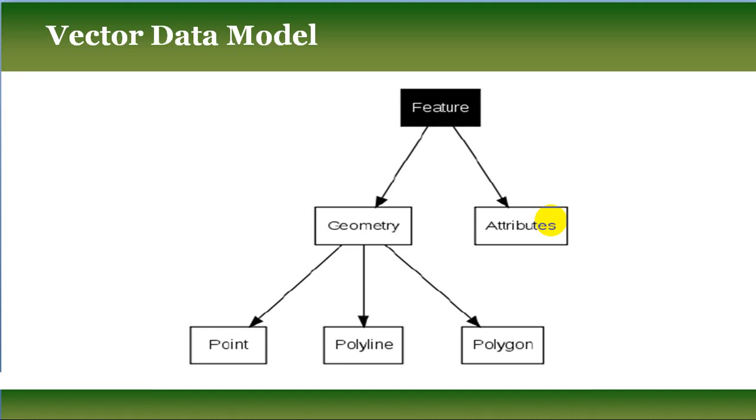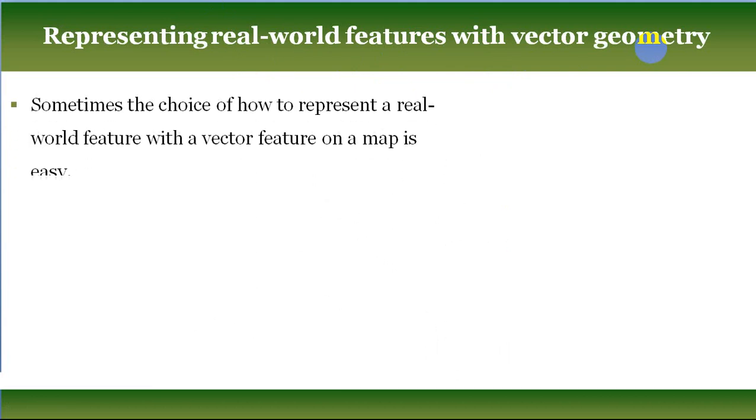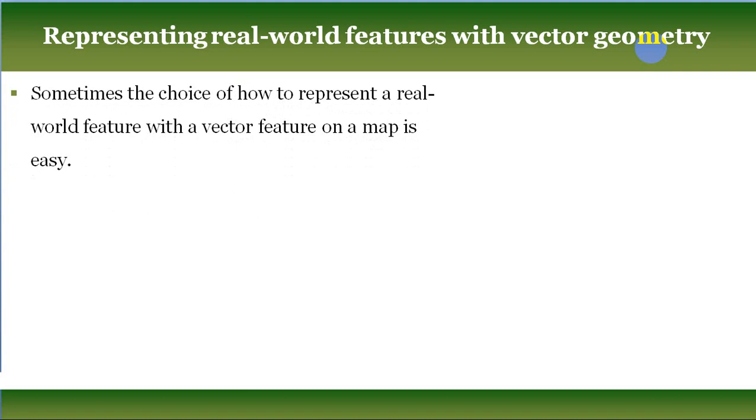Vector data can also be used for representing continuous geographical phenomena. So representing real world features with vector geometry: all the real world geographical features that we find, we can represent using vector geometry.